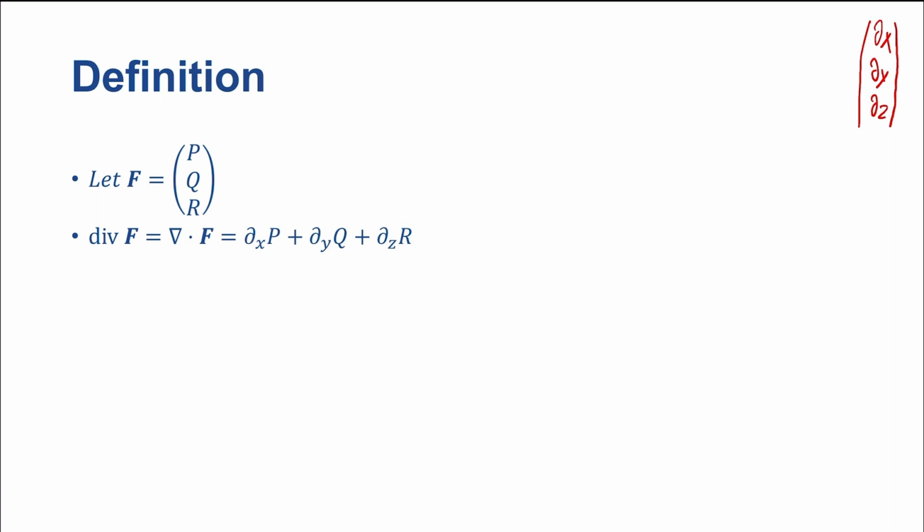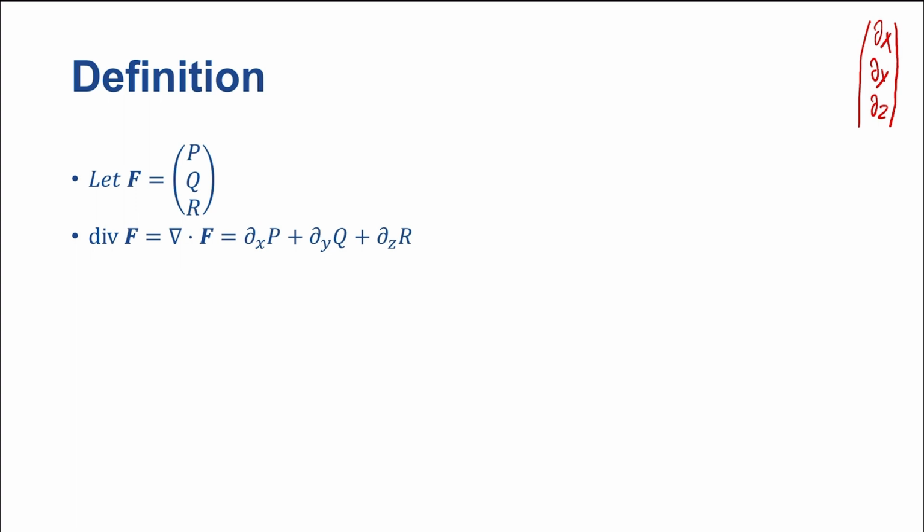It needs to be applied to something, so you can dot it with something, you can cross it with something if it's vector valued, or you can just multiply it if it is scalar valued, like we do with the gradient operator. Anyways, the divergence operator basically says I'm going to take the x derivative of the x component, the y derivative of the y component, the z derivative of the z component, and I'm going to add them all together.